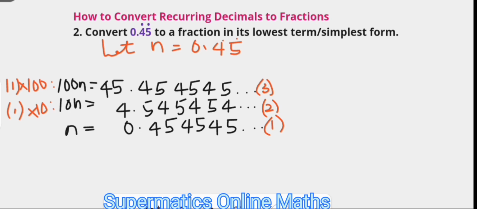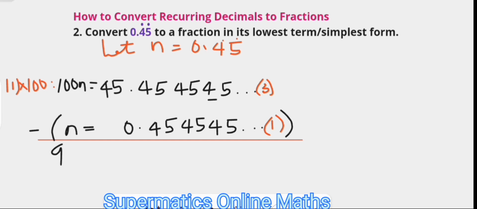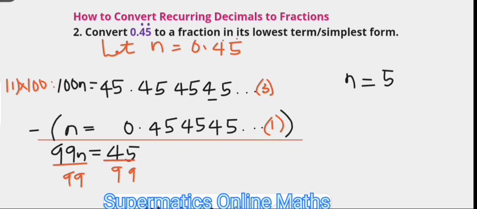Now, taking a look at equation 1 and equation 3, we can see that the numbers now align after the decimal point. So we can remove the second equation and subtract equation 1 from 3. This gives us 99n equals 45, as all the digits after the decimal point cancel out. Then we divide both sides by 99 and reduce to the lowest term. Sure, n is going to give us 5/11.